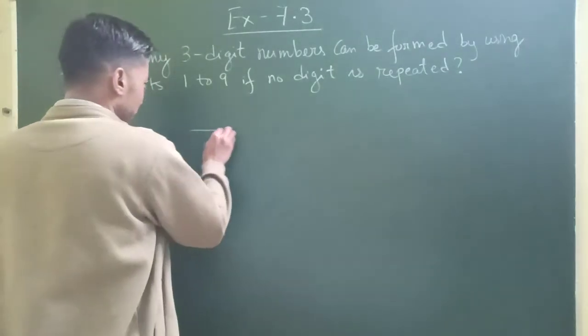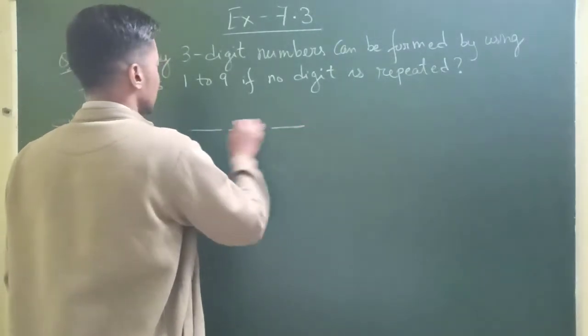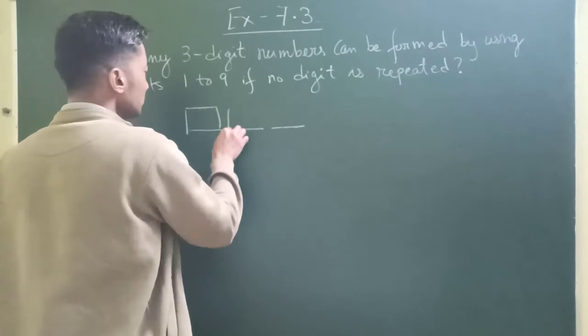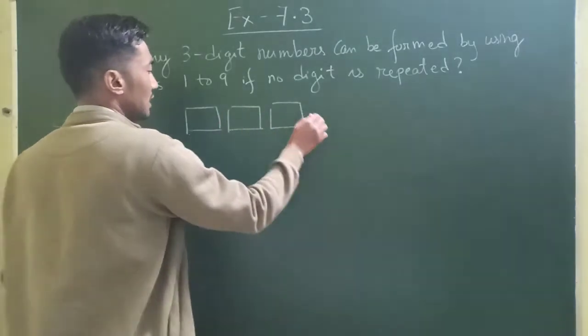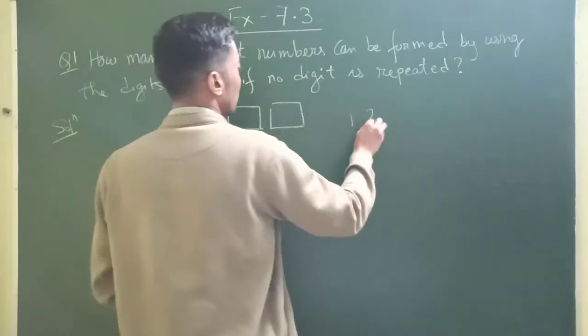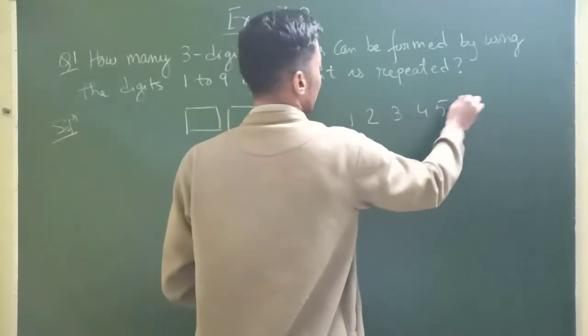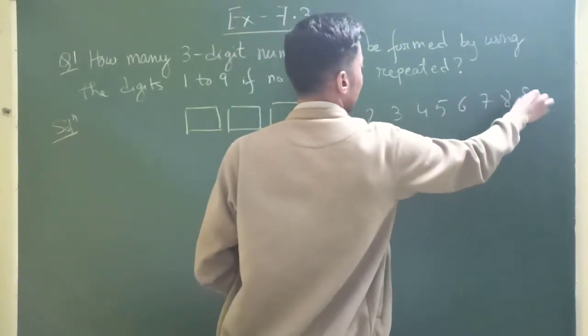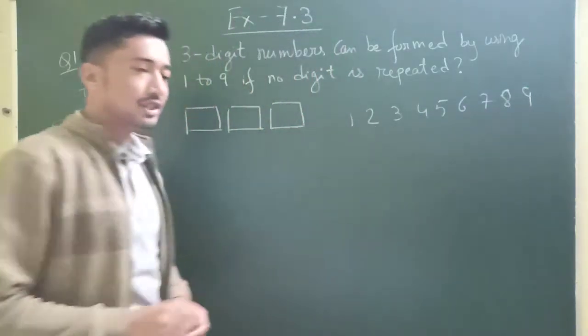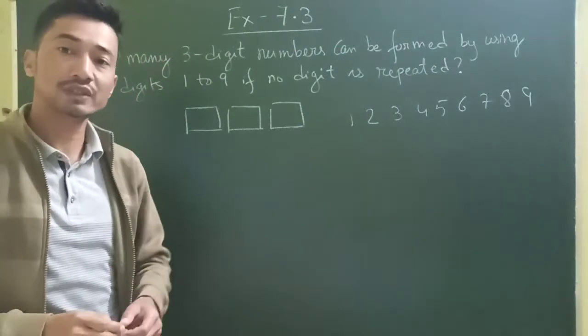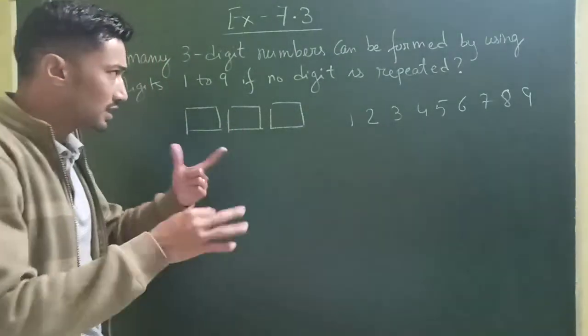Now you see, we have to form 3 digits here, and you can choose them from the digits 1, 2, 3, 4, 5, 6, 7, 8, 9. It's quite simple. The condition is you cannot repeat any of the digits. So now let's just do it very quickly.